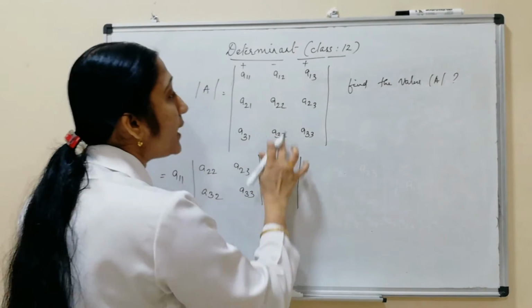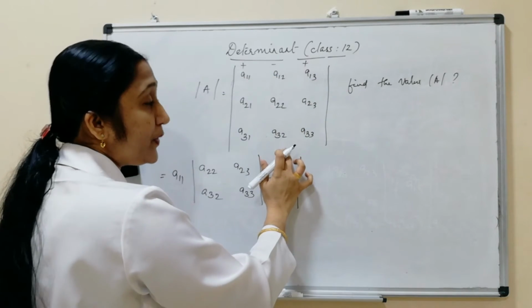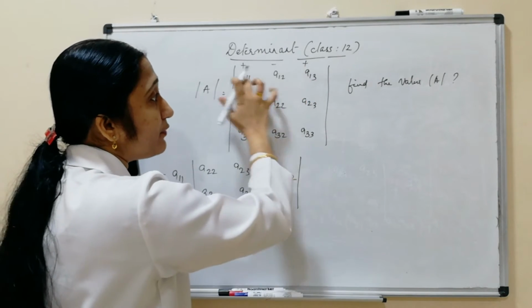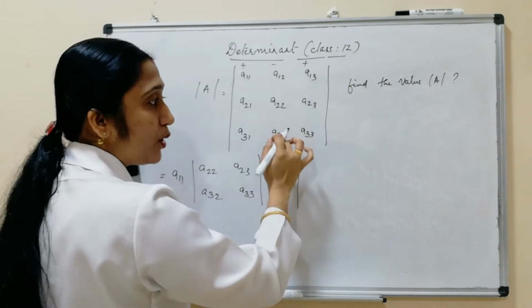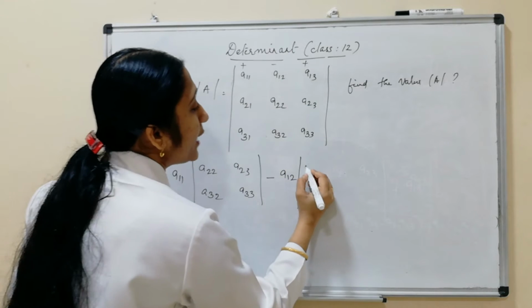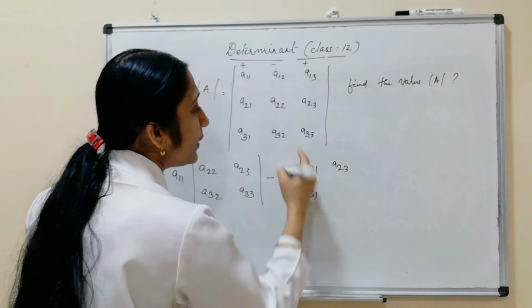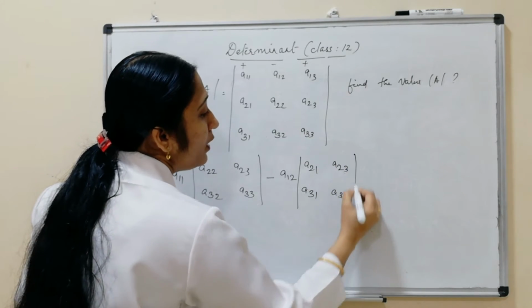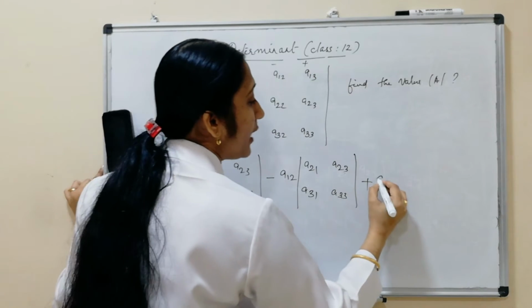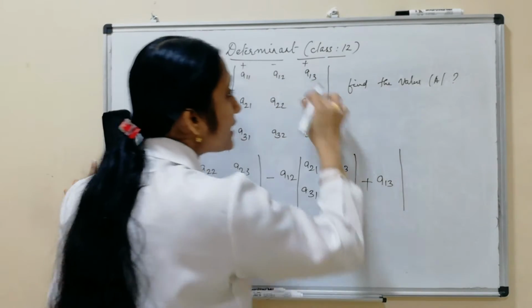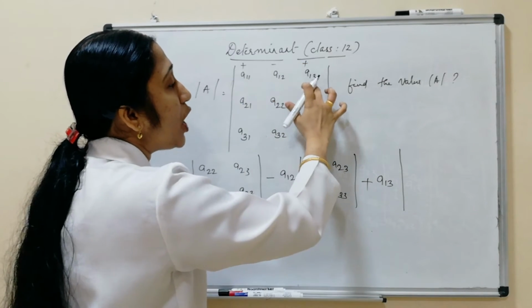The second element A12 is in the first row and second column.